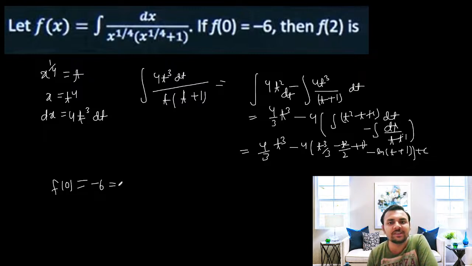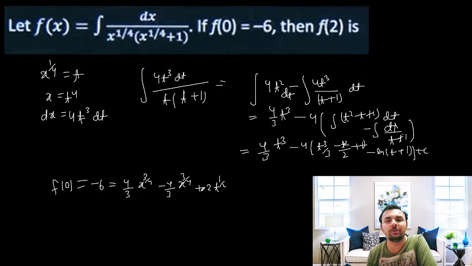So can we say that it is 4 by 3 x to the power 3 by 4, minus 4 by 3 x to the power 3 by 4, plus 2t square, that means x to the power 1 by 2. It's 1 by 4, so whole square is 1 by 2.